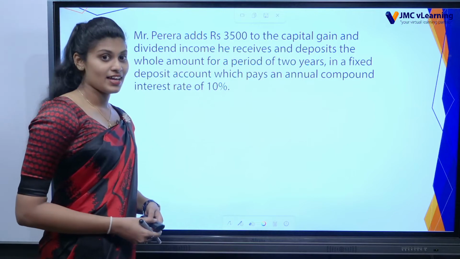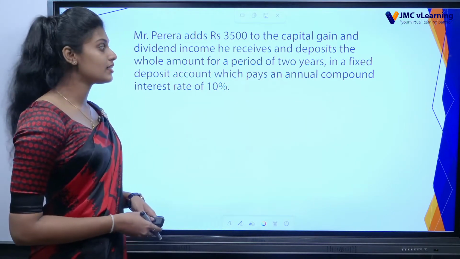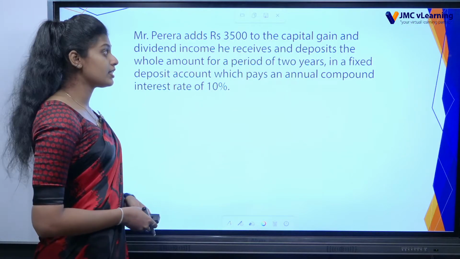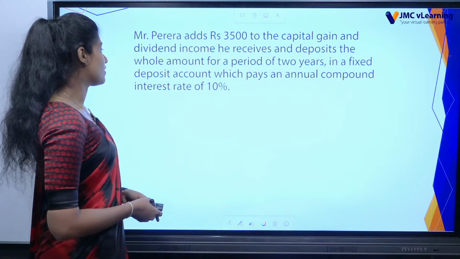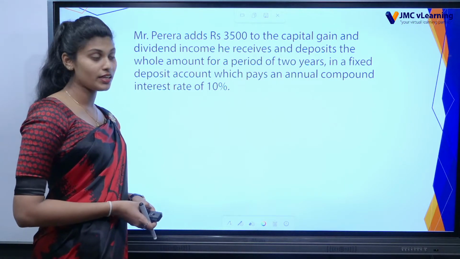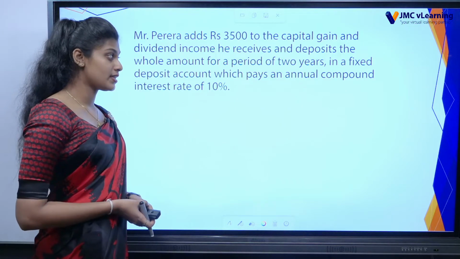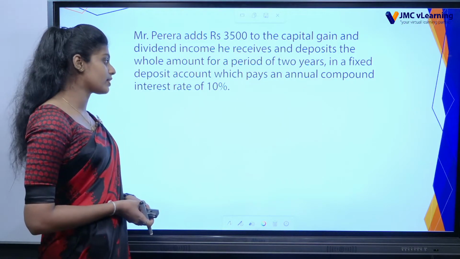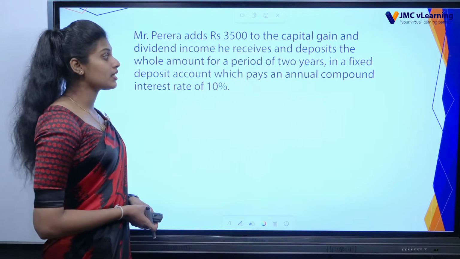Mr. Pereira adds 3,500 rupees to the capital gain and dividend income he receives and deposits the whole amount for a period of 2 years in a fixed deposit account which pays an annual compound interest rate of 10%. Can you remember the capital gain?